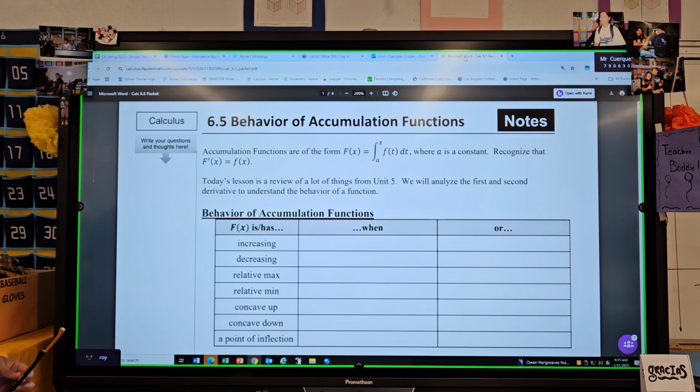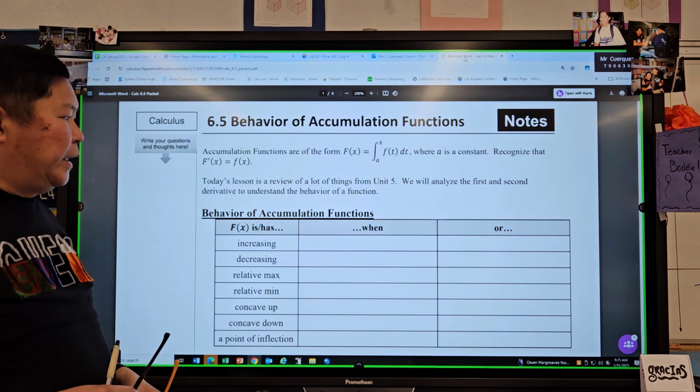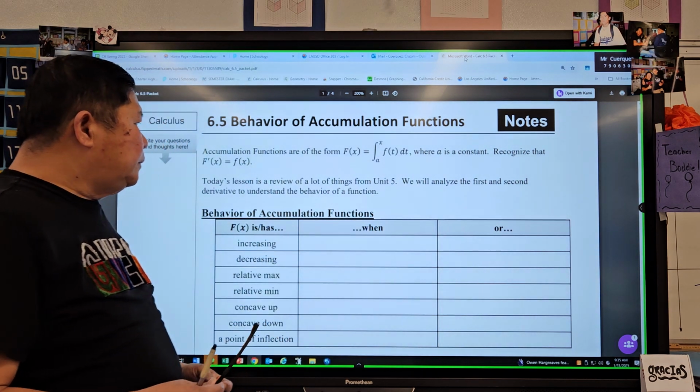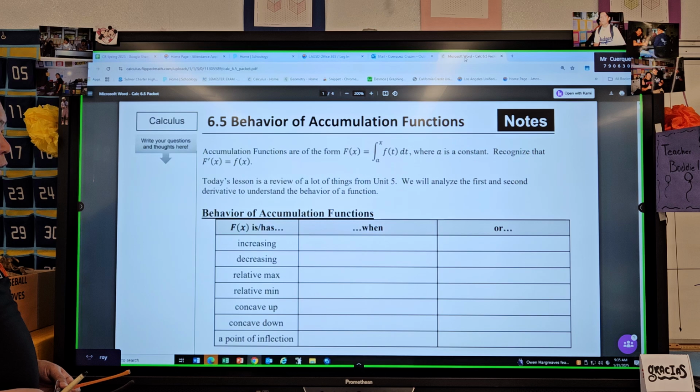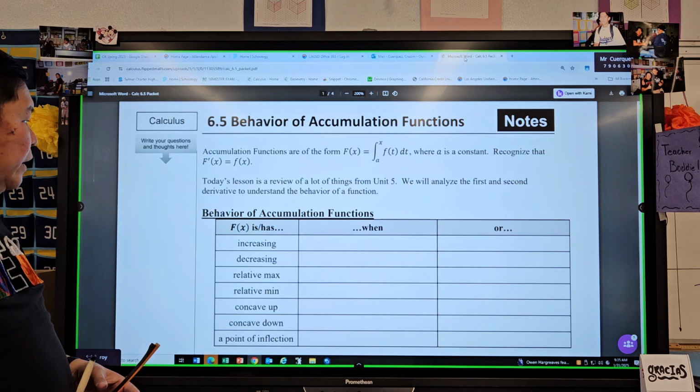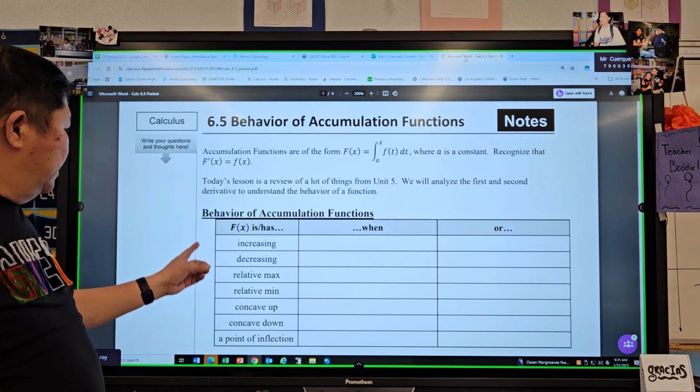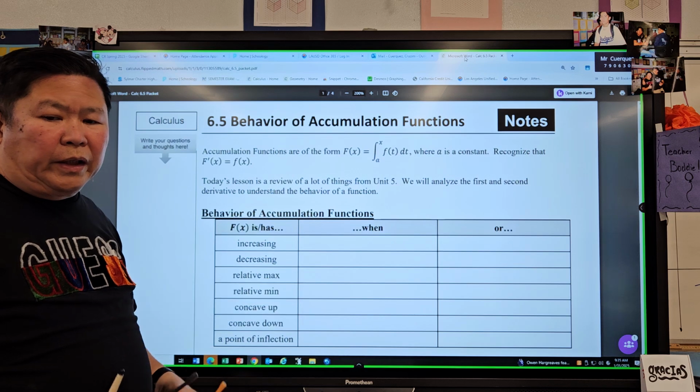So today's lesson is a review of a lot of things from unit 5. We will analyze the first and second derivative to understand the behavior of the function. So I need you to write this down.